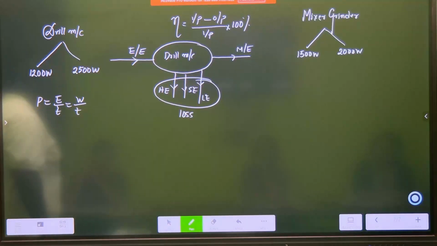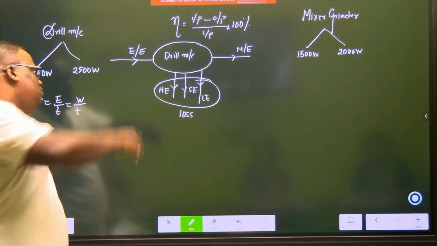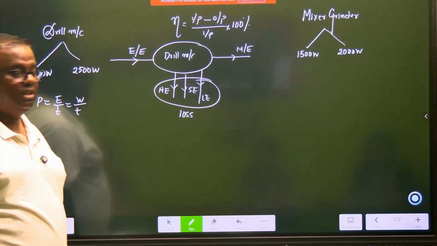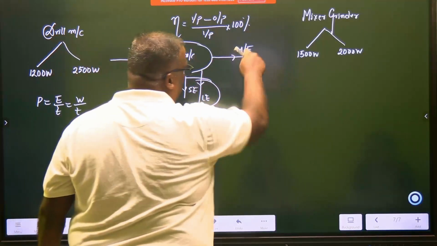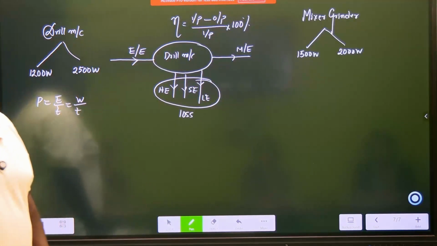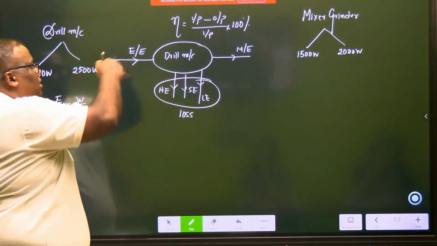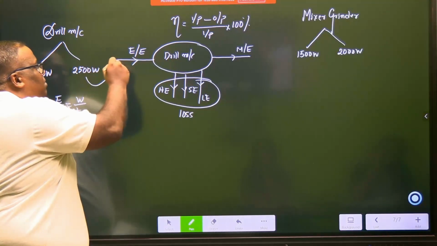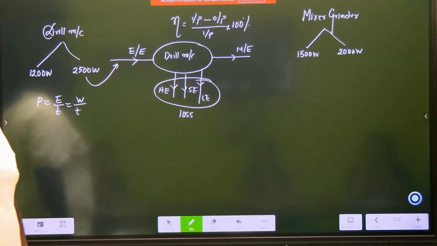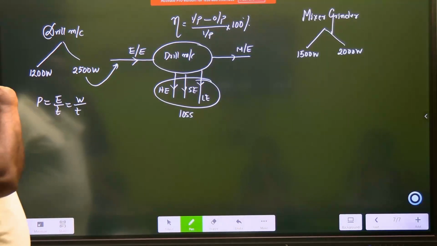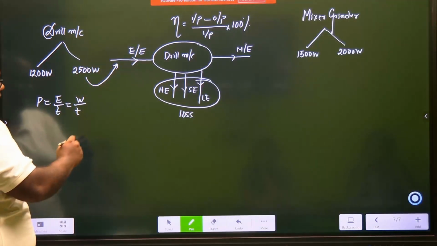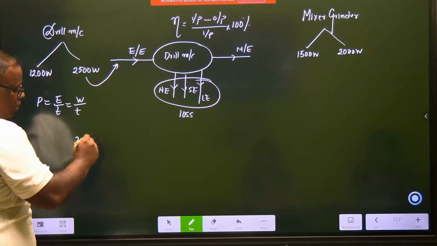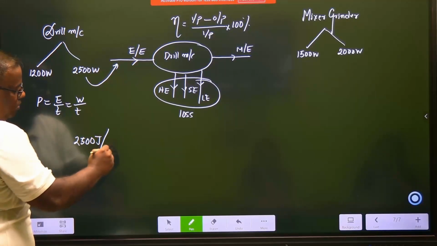Is this understood? When Amazon sells you this at 2500, they can never measure what work output it will give. They will only measure the input. All these stamped values are basically the input data. So when you run this drill machine, you are consuming 2500 joules per second.